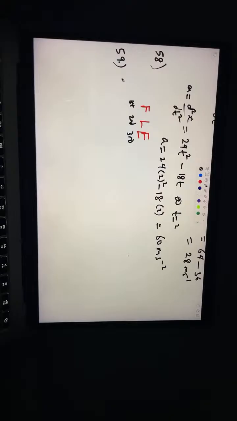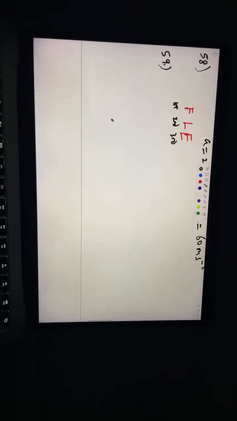Question 59: a fundamental standing wave was set up in a tube of length 80 centimeters with ends open. Take the speed of sound to be that. What is the frequency of the second harmonic of the wave? An open pipe behaves like a stretched string.